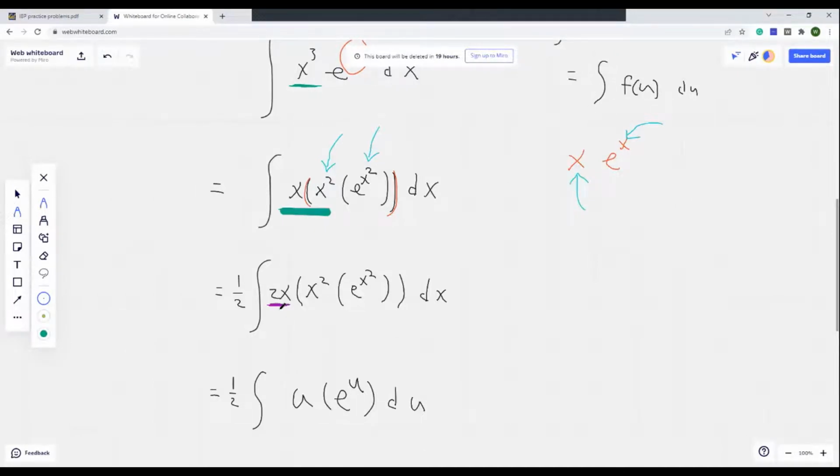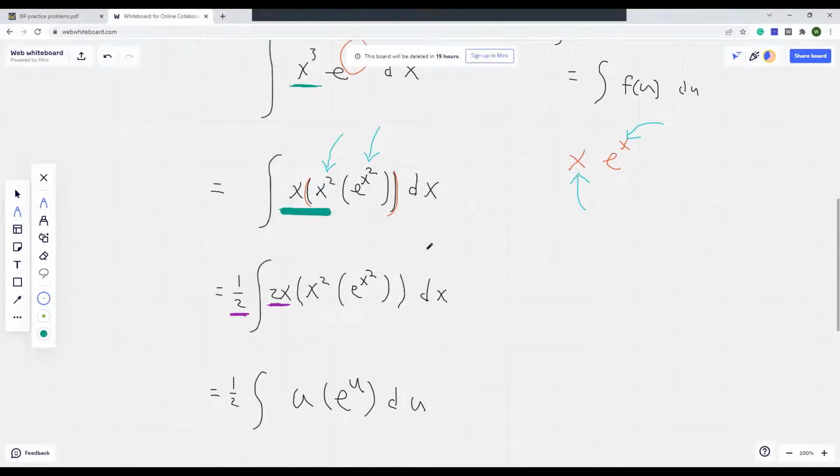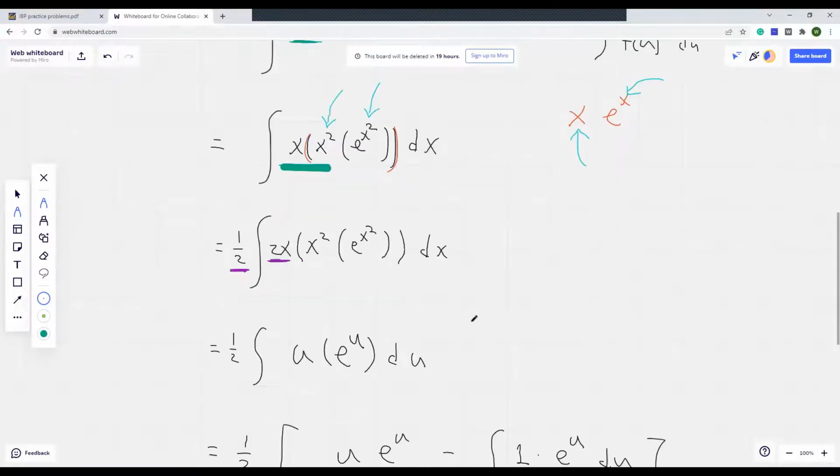I multiply it by 2, and obviously we have to maintain equivalence. We have this 1/2 out here to maintain equivalence. So that's within 3 lines of some relatively straightforward algebra. We get set up for our u substitution. Now we're set up. The derivative is gone, and we're just saying u times e to the u, and the 1/2 stays outside of the integral.